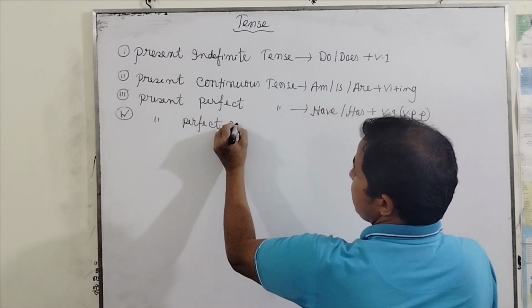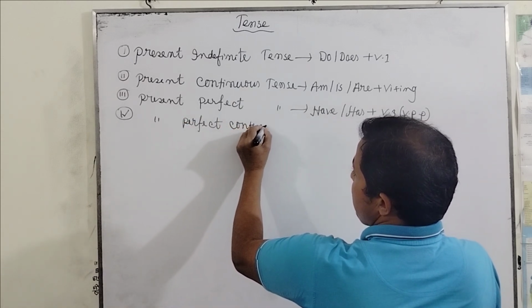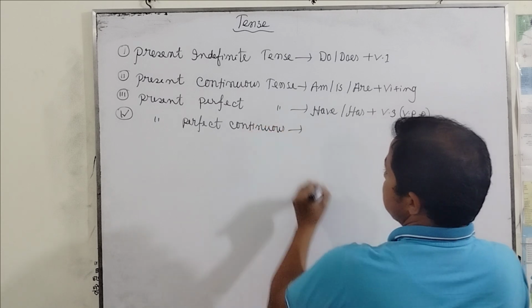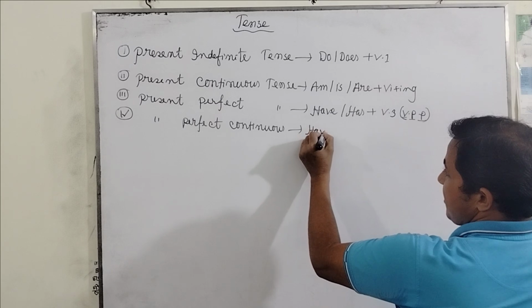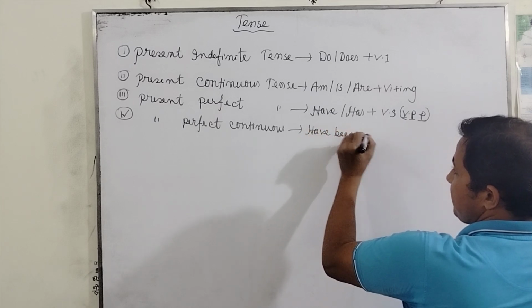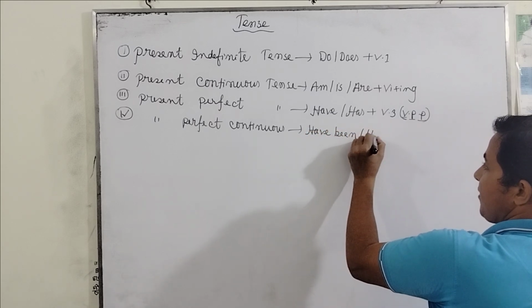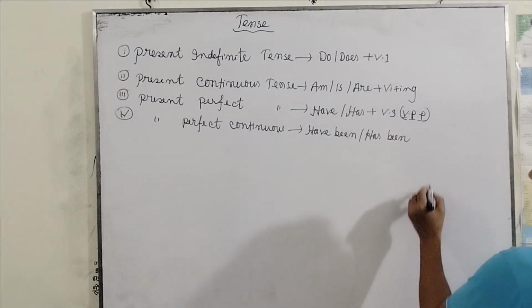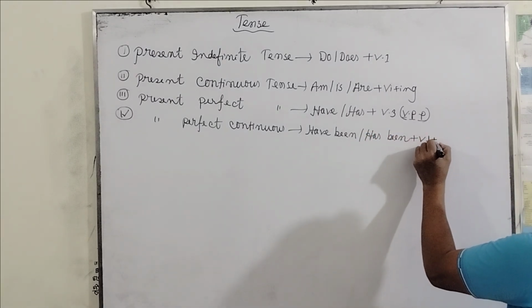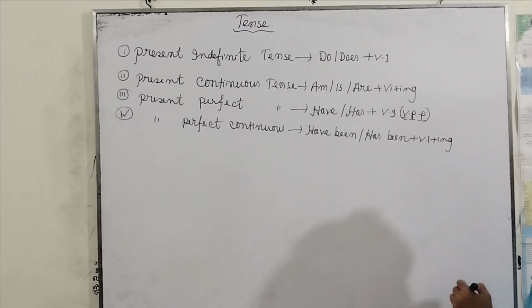Okay, and number 4, present perfect continuous. Present perfect continuous: have been or has been plus B1 plus ing.